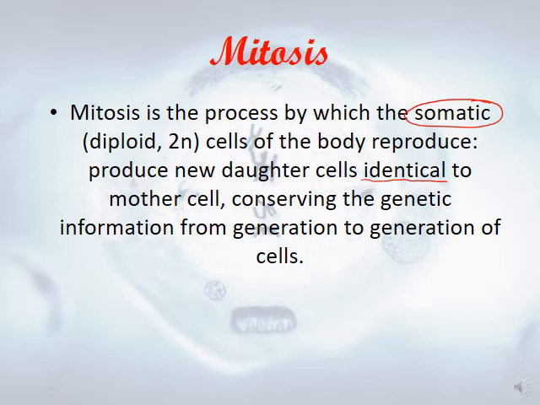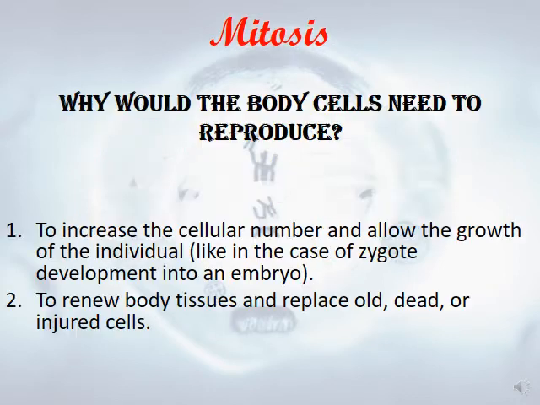So, mitosis is the process by which somatic cells, diploid cells, undergo division to produce new daughter cells. These daughter cells are identical to the mother cell, having the same genetic information.